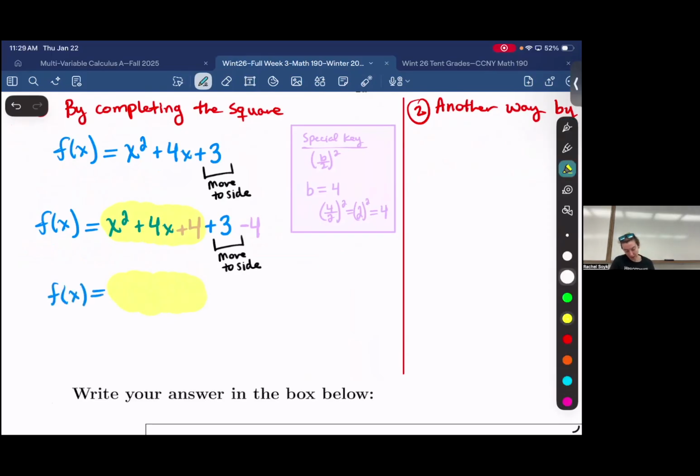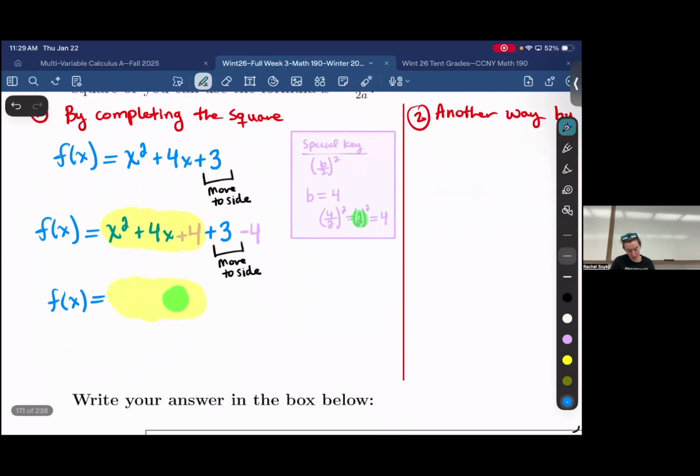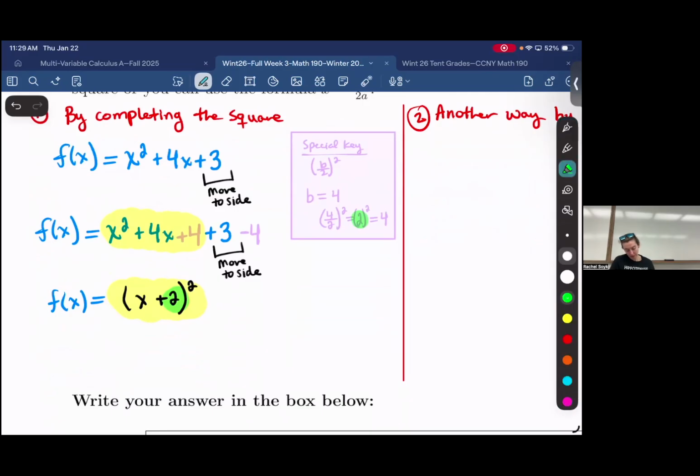And that gets factored in to our x plus 2 in parentheses squared. And then we have this guy over here can be combined. 3 minus 4 is just a minus 1. So now we did it.